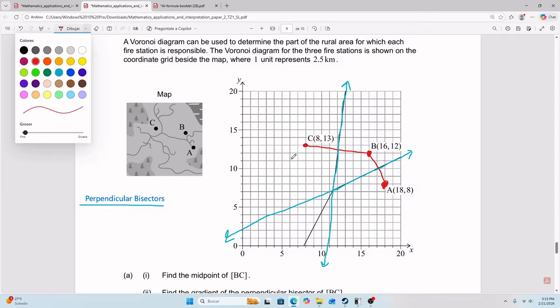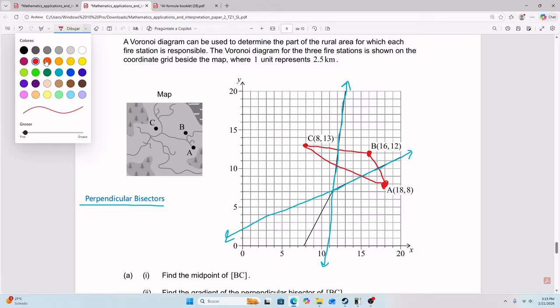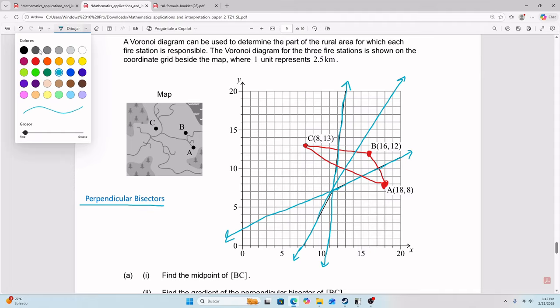And then between C and A, its perpendicular bisector would be something that goes like that. You can suddenly notice that all these perpendicular bisectors are exactly what helped you create the Voronoi diagram.